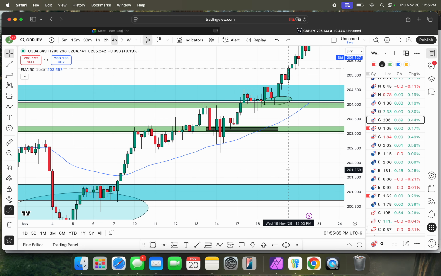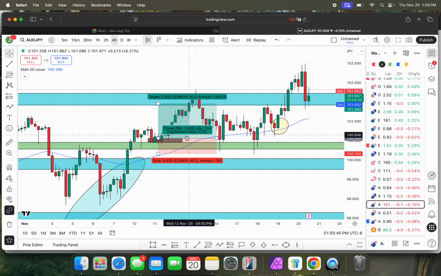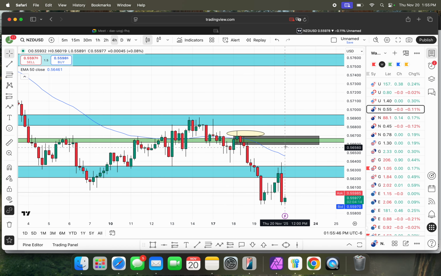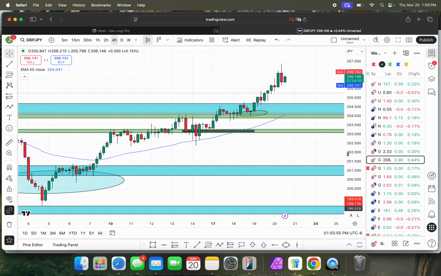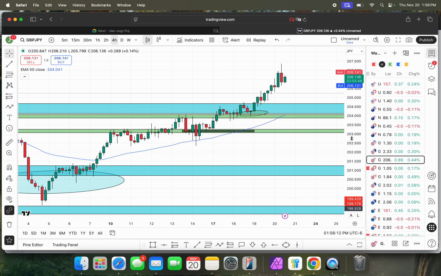But notice how small our 10 pips is compared to AUD JPY or NZD USD. Why? Because the price for GBP versus the New Zealand dollar is worth essentially 56 cents, where GBP is worth, like, the numbers are just completely different.